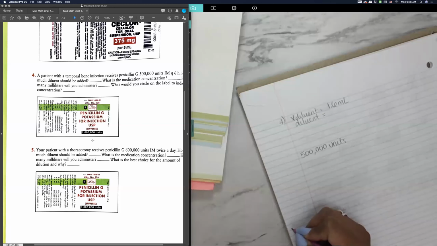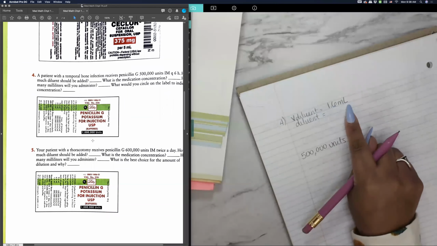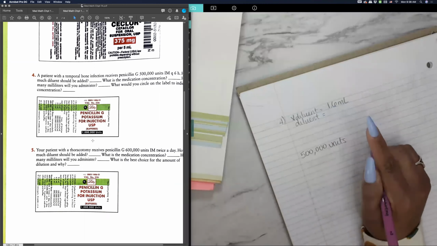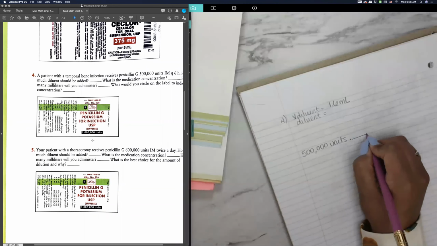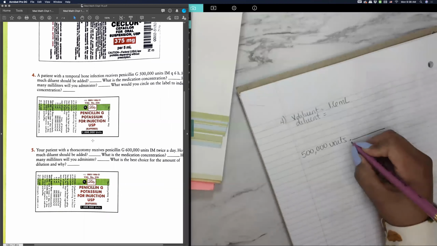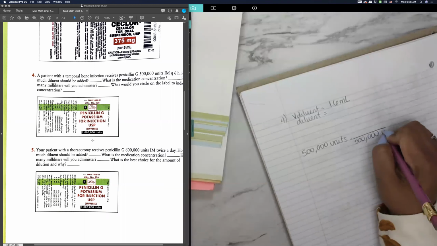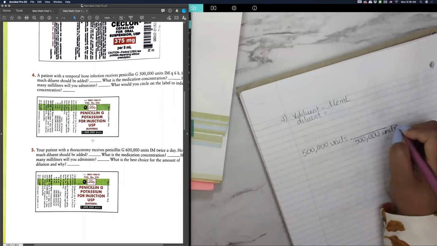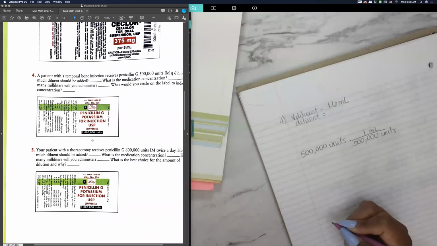When I use a diluent factor of 1.6 milliliters, what is my dosage strength? The dosage strength that I get is 500,000 units per 1 milliliter, because that's what our units tell us underneath the concentration of solution.